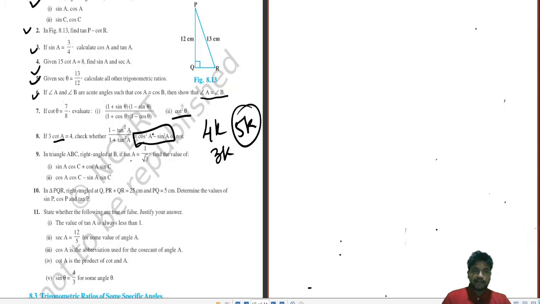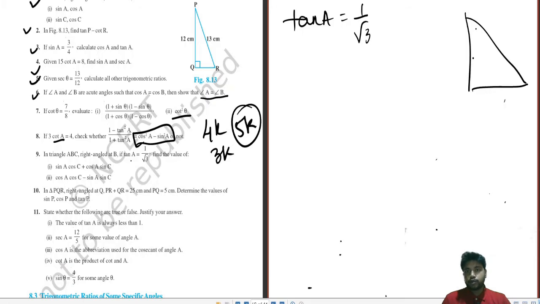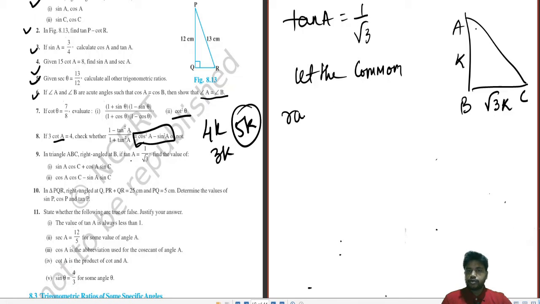See, like I was saying, tan A equals 1 by root 3. So if you are pretty clever, tan equals P by B. This is ABC. This will be K, this will be root 3K. Obviously, we are taking the common ratio as K. I will be making it very fast.